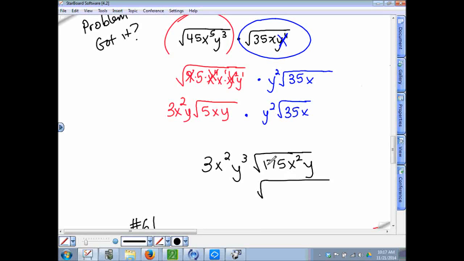No biggie. Change the 175 into, what did we say it was? 25 times 7. The x squared, that's divisible. The 2 is divisible by 2, right? We don't have to split it apart, so I'm just going to leave it as x squared times y.